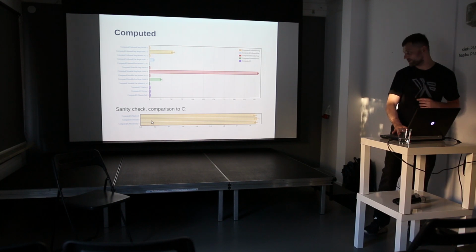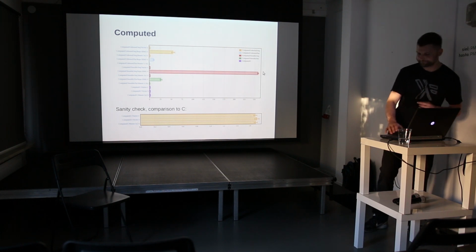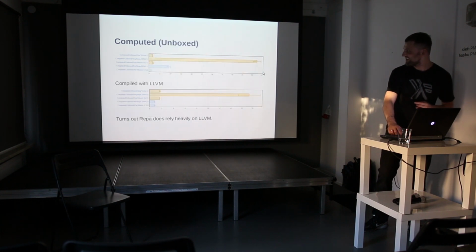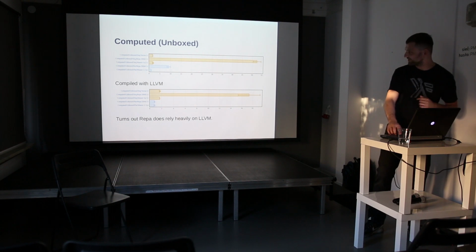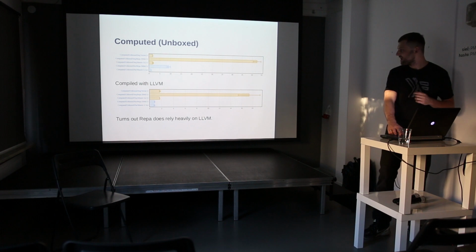This is done with vector, storable, and this is done with Massiv, storable. Okay? And this is done with Repa, storable. This is just a zoomed in version of the previous one that does the computation of the same sum.